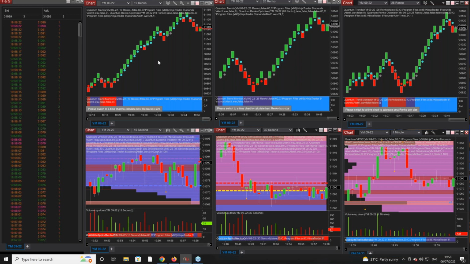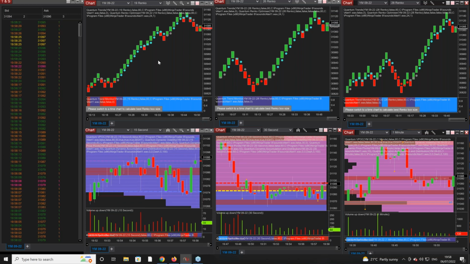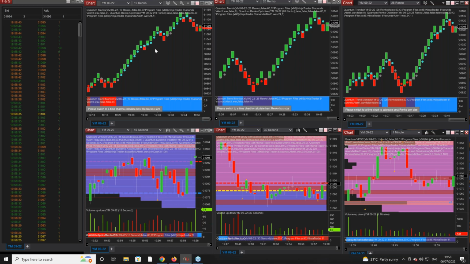And the beauty of a Renko chart is this, that if you think about a time-based chart, obviously a 5-minute chart, the candle will close after 5 minutes. Now a Renko is independent of time. In other words, the time aspect in terms of how quickly or slowly each brick is built, because it depends on the metric.